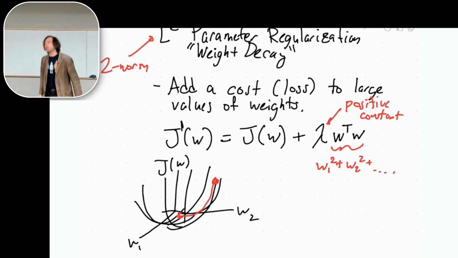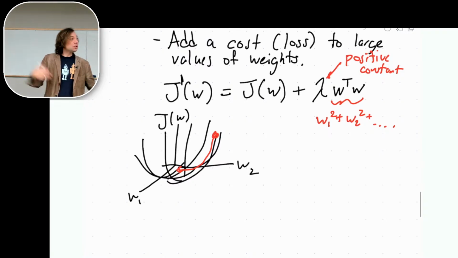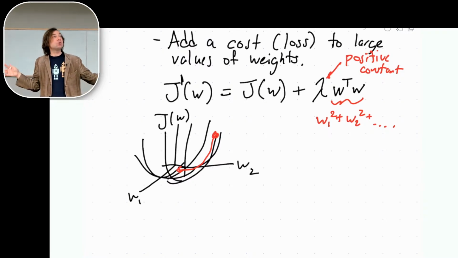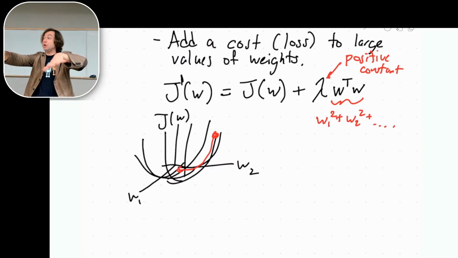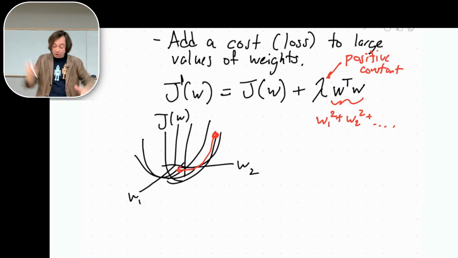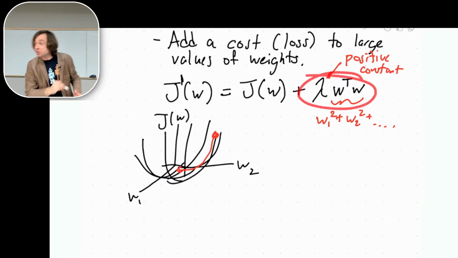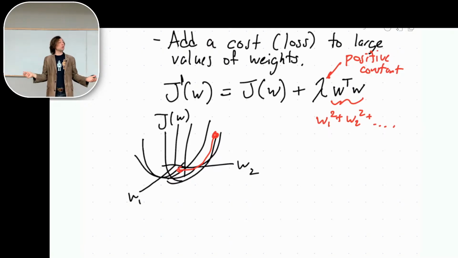It is exactly like a ridge regression. So you all did least squares regression for your homework. And the grad students did it with the linear algebra approach, right? If you add to that cost function this term, it's what we call a ridge regression.